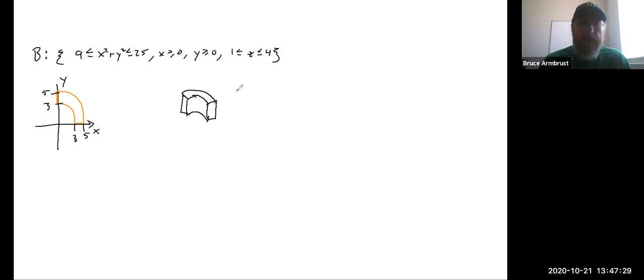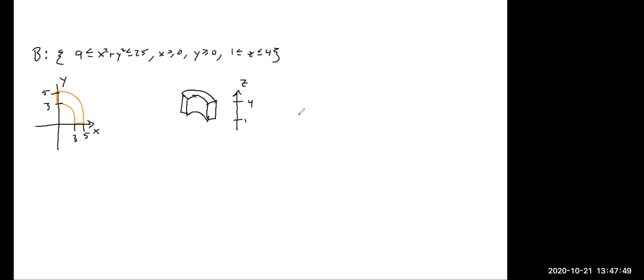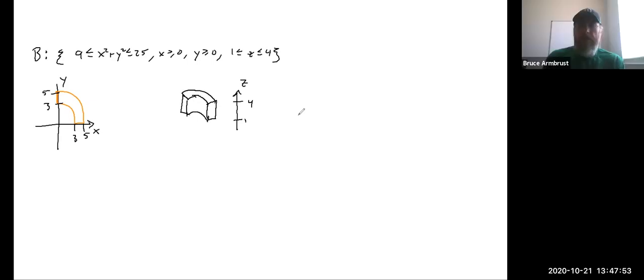So if we had a z-axis here, it's from 1 to 4. All right, so how are we feeling about the picture of this region? Pretty good? I'm seeing a couple of thumbs up, and thank you for jumping in there, Jacob.